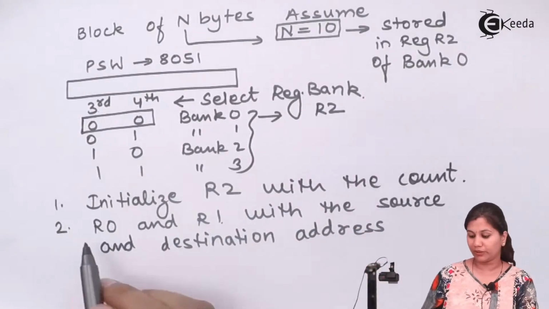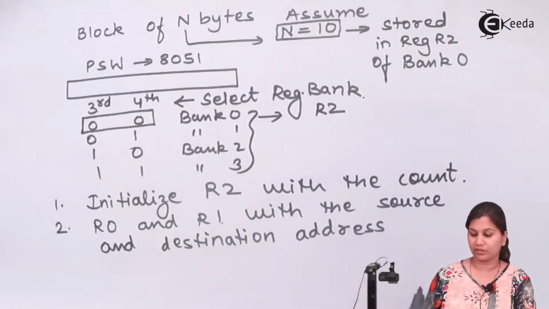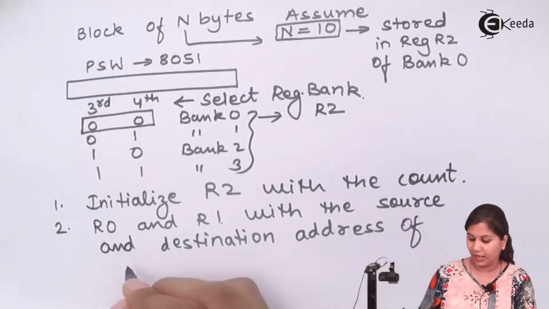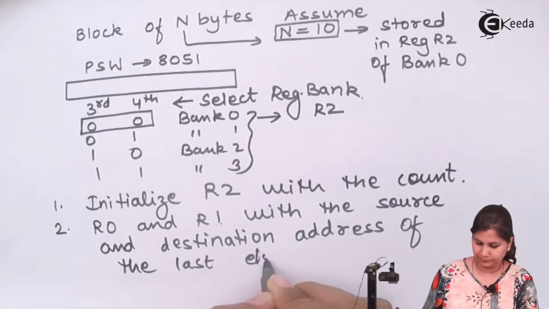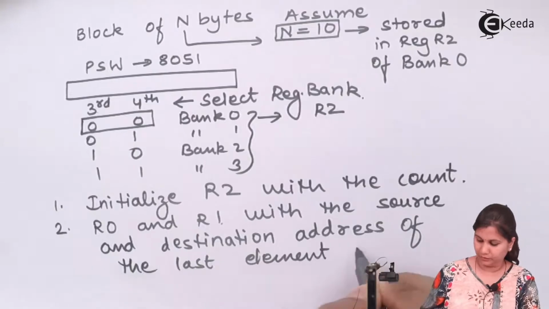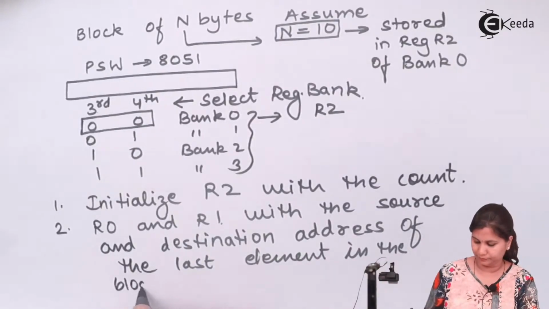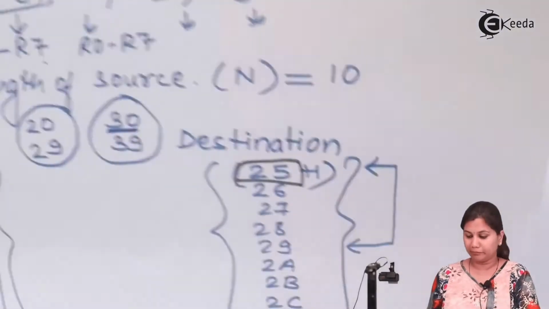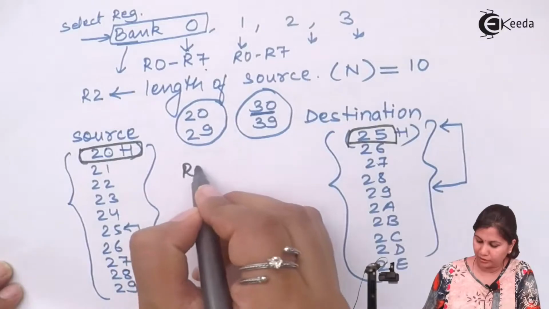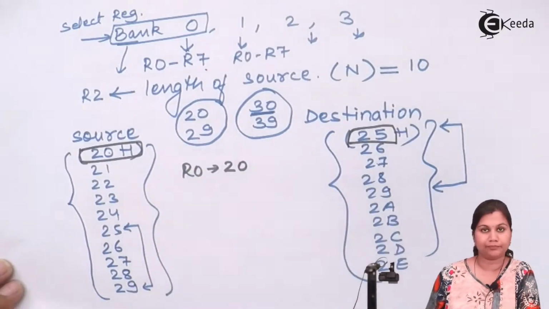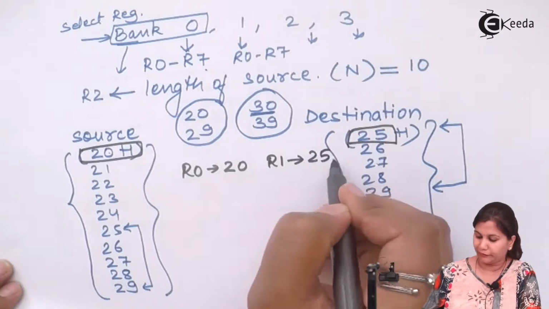We are going to initialize R0 and R1 with the source and destination addresses of the last element in the block. Last element means that in R0 first we will shift the value 20, and in R1 we will shift the value 25.